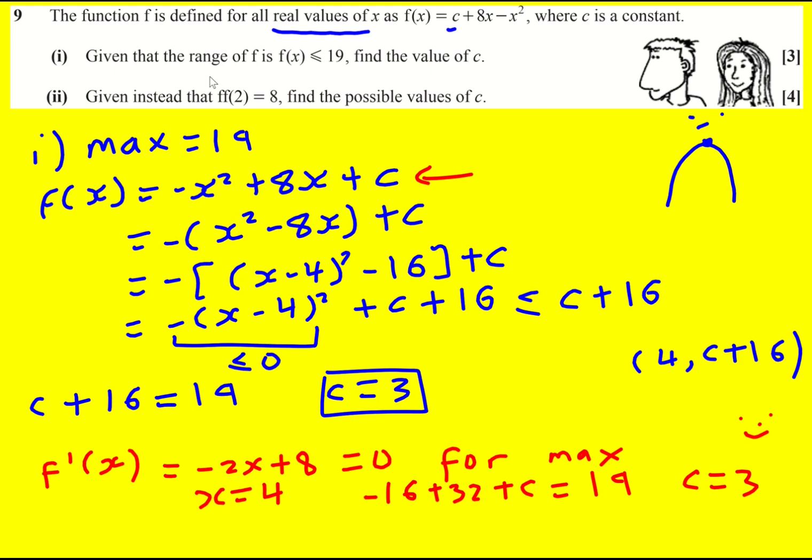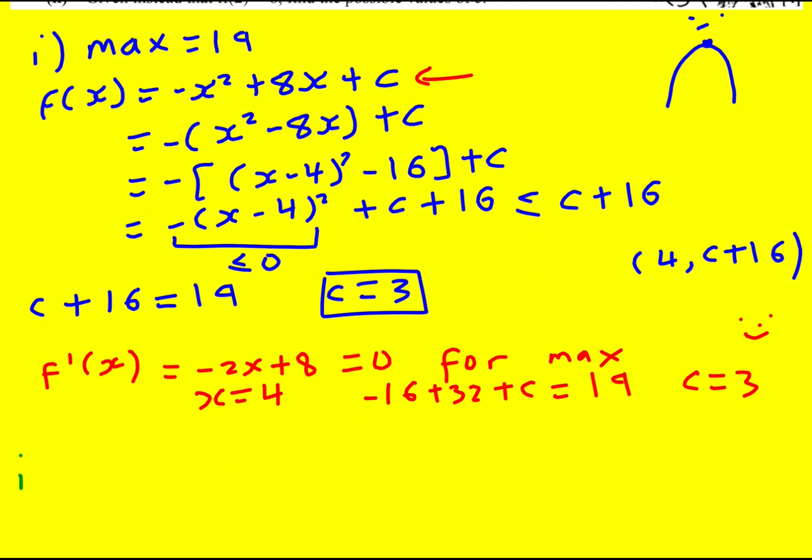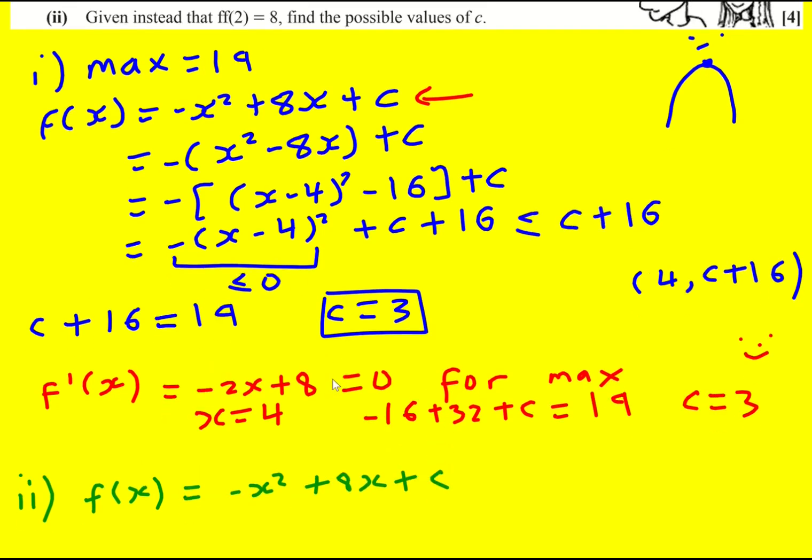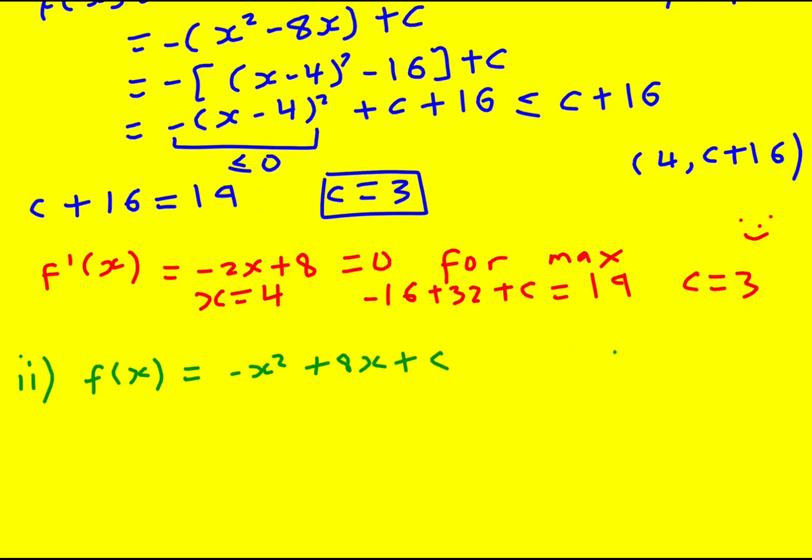Then in part 2, we're given instead that f of 2 is 8 and asked to find the possible values of c. Let's just remind ourselves, we're back to f of x equaling minus x squared plus 8x plus c. And c is not 3 now, it's going to be something else. So f of 2 is 8.